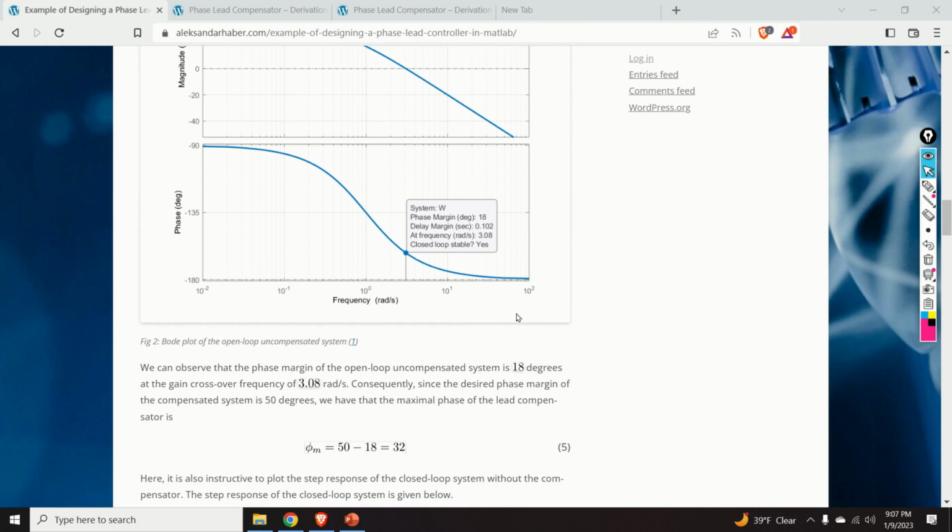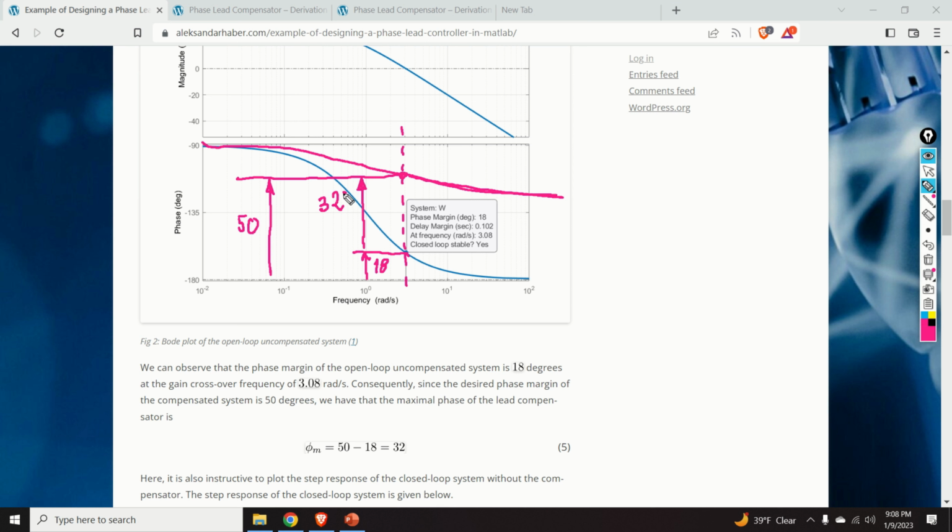From the phase margin of the uncompensated system that's equal to 18 degrees, that is, this angle here is equal to 18 degrees, and from the desired value of the phase margin of the compensated system that's equal to 50 degrees, that is, this distance should be equal to 50 degrees, and this is our compensated system, we conclude that we need an increase of phase margin of 32 degrees.